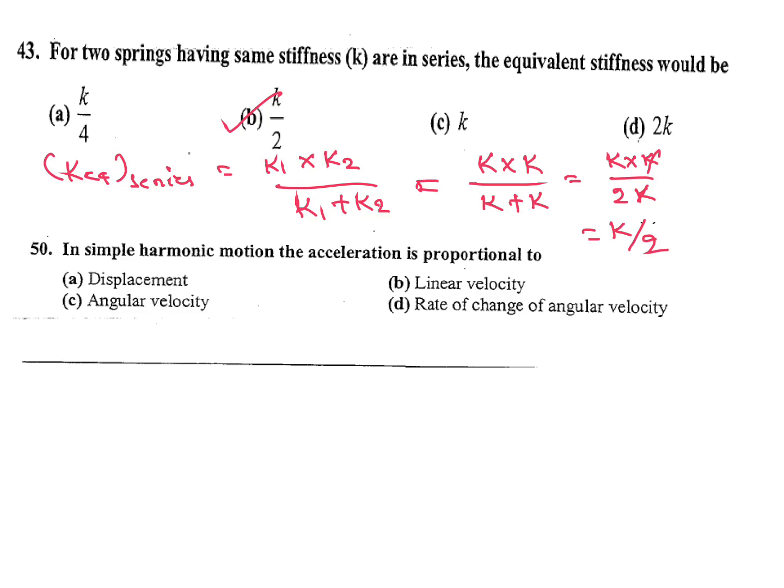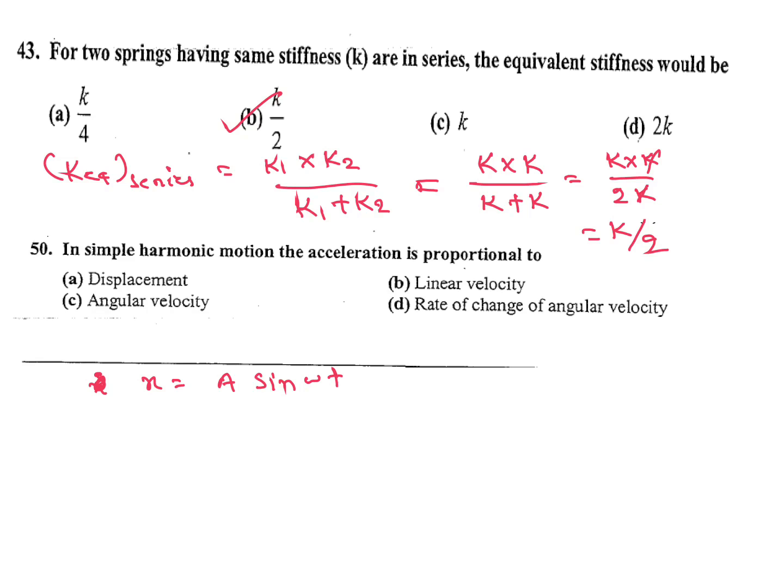In simple harmonic motion, the acceleration is proportional to dash. A displacement, B linear velocity, C angular velocity, D rate of change of angular velocity. SHM equation again we will write. For displacement only x = A sin ωt.